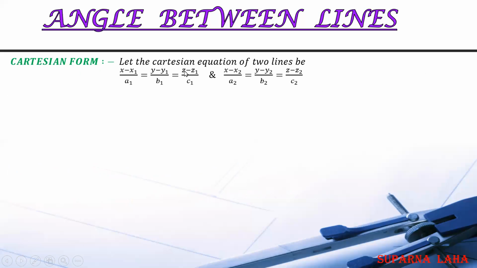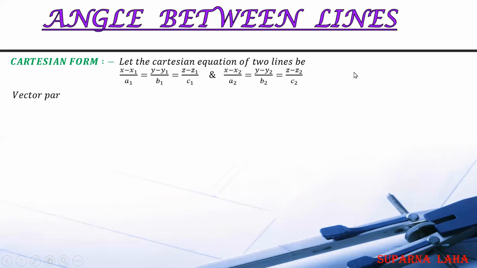Now if these equations are given, that means the direction ratios are proportional to a1, b1, c1 for the first line. You all know this from when we were solving the equation of the line. And the direction ratios are proportional to a2, b2, c2 for the second line.